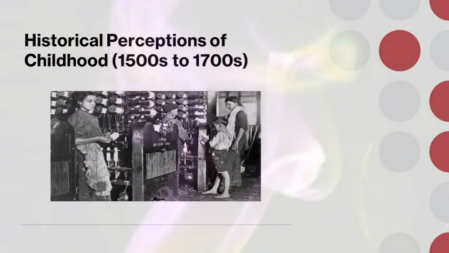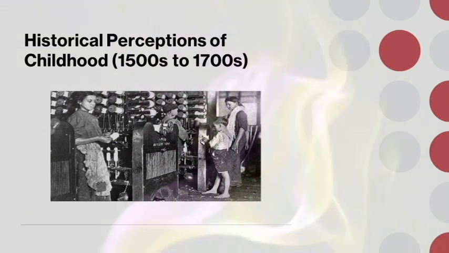Children, especially from lower socioeconomic backgrounds, were often employed in very harsh working conditions in fields and mines and factories, and society expected them to contribute to the family's income from a very early age. And their rights and their welfare were very much neglected.